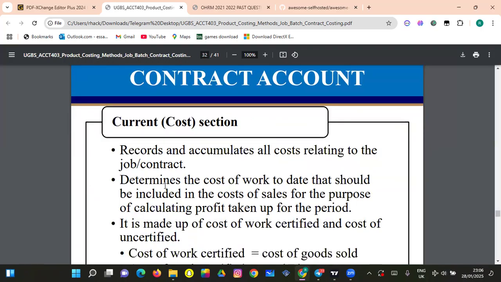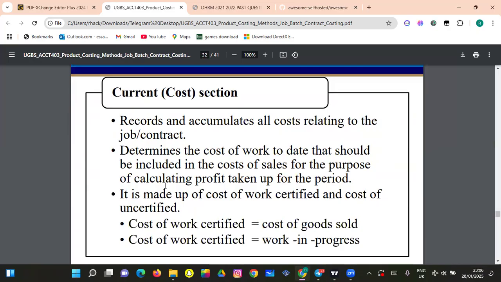So the current cost section. What we are going to do is record and accumulate all costs relating to the job or contract. We determine the cost of work to date that should be included in the cost of sales for the purpose of calculating profit taken up for the period.